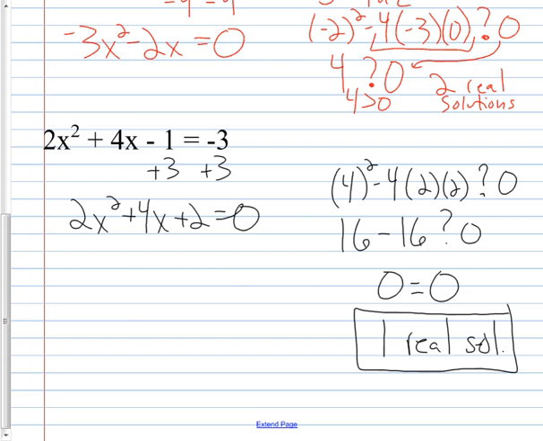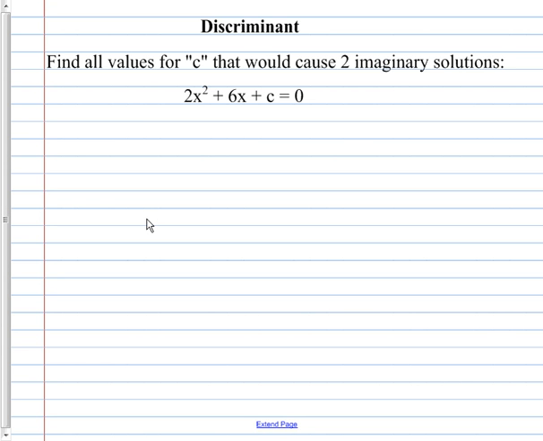All right, so that is the discriminant. It's a way to tell the number and type of solutions. Now, another thing we can do with the discriminant is to find a value for our equation that would produce desired solutions.